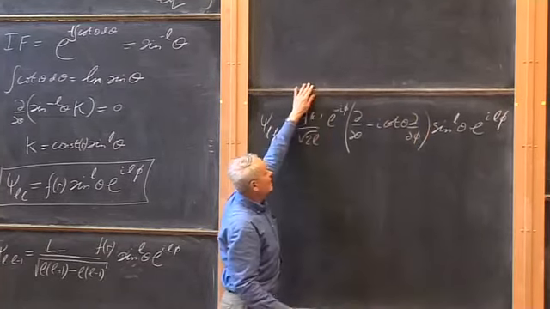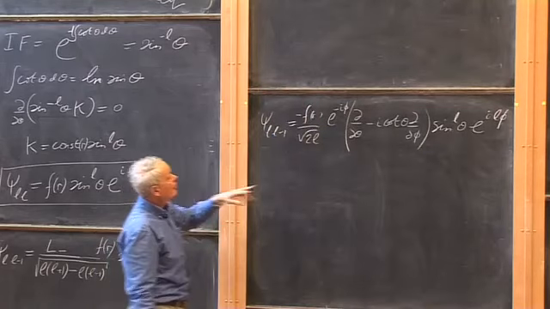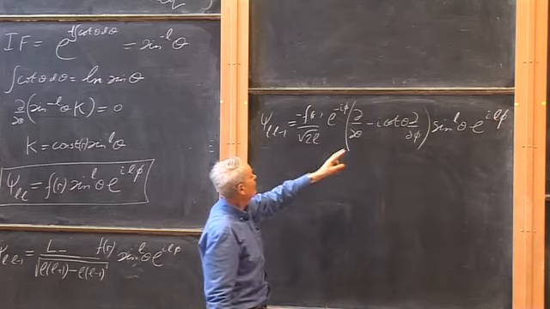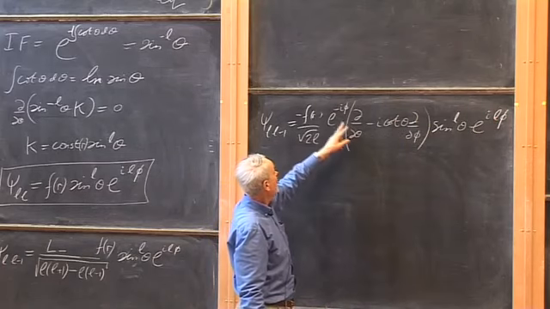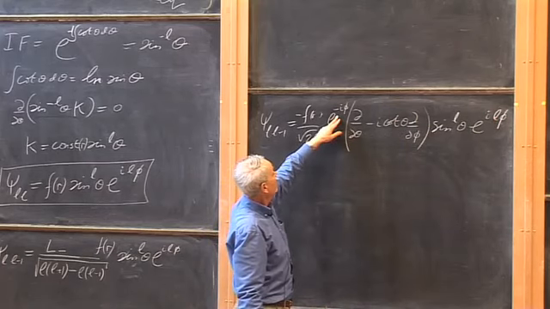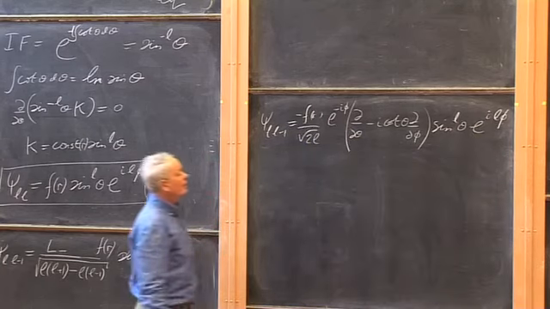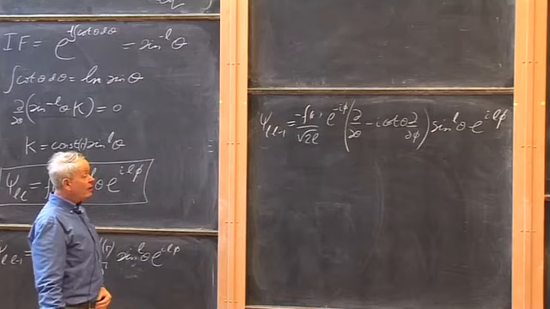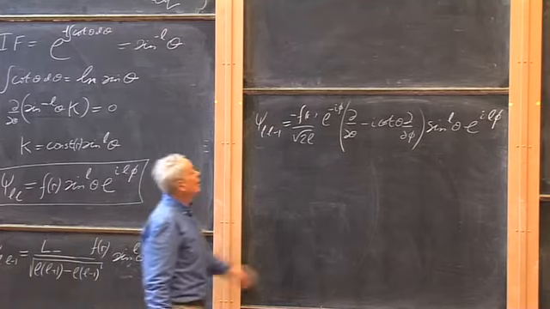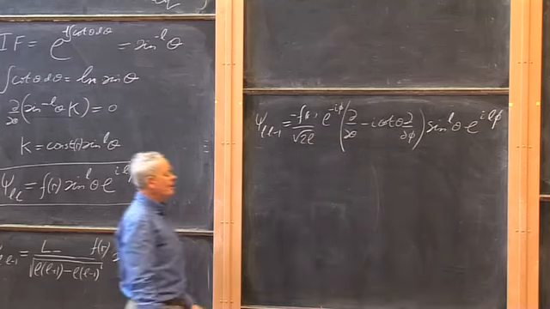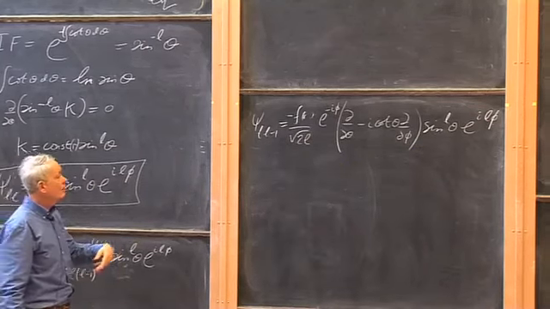And what are we going to get? This d by d phi will again bring down an L, etc. And then this exponential will take 1 off that, so we'll end up with something that goes like e to the I L minus 1 phi. This will differentiate sine to the L and produce L sine to the L minus 1 times a cosine.